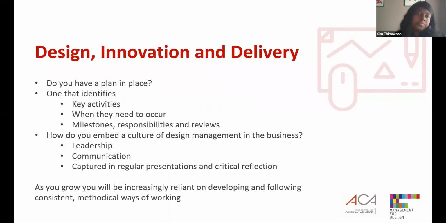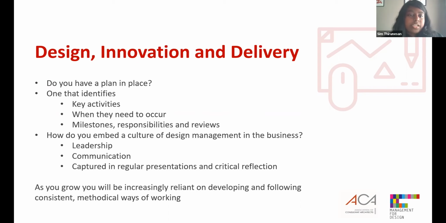So let me ask you, does your studio have a plan for the design stages of a project? A plan that identifies the key activities, when they need to occur, the milestones, the responsibility, when reviews occur, what's outstanding? And how do you currently embed that culture and discipline of design management within your business?